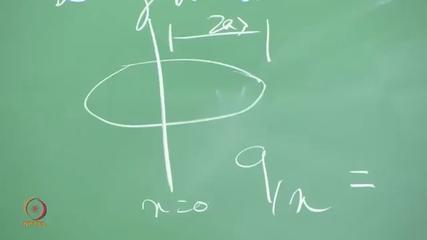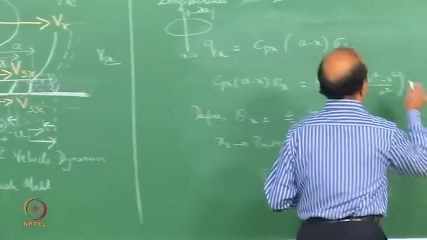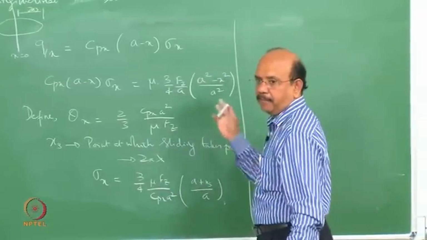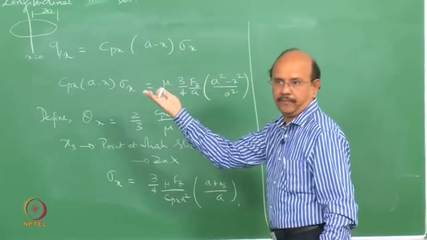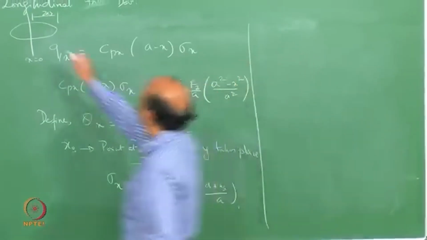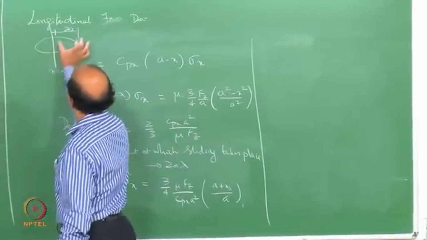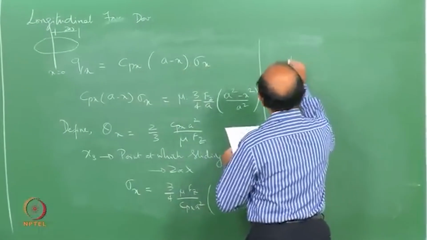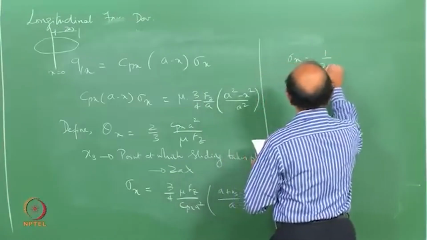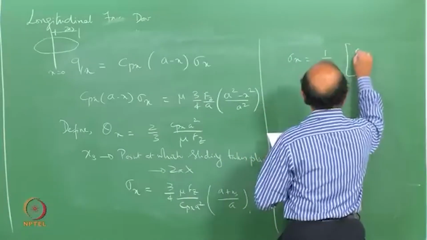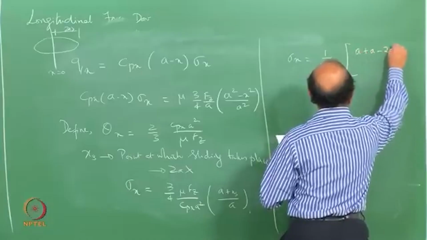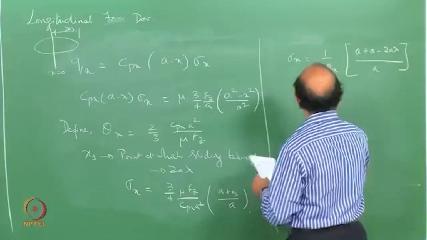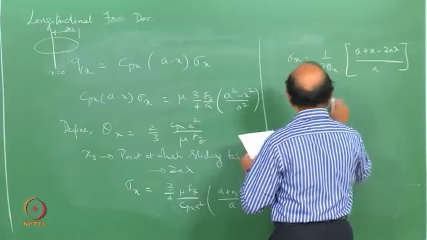So let's substitute that in this expression. xs is a minus 2a lambda, that's what is x. And hence I would write sigma x to be 1 by 2 theta x into a plus a minus 2a lambda divided by a, which I am going to simplify. I'm not going to do every simplification, you can do that.